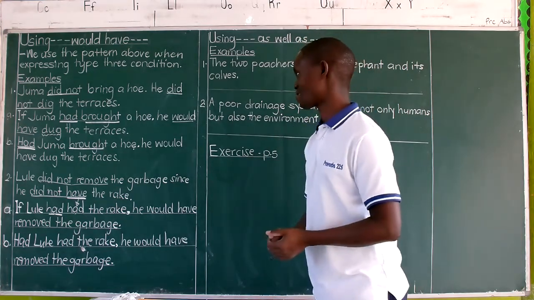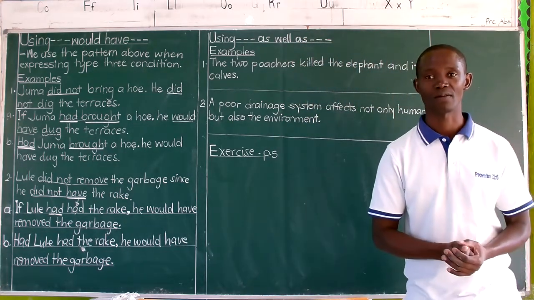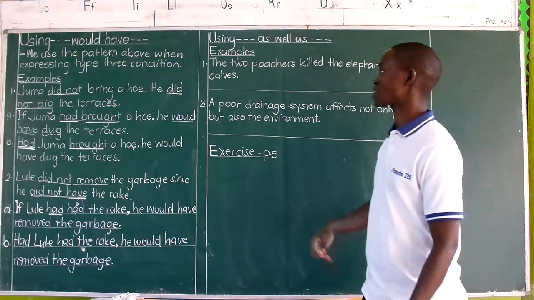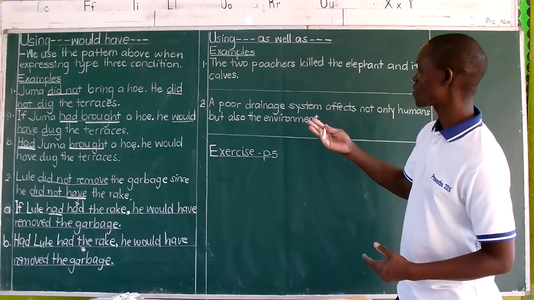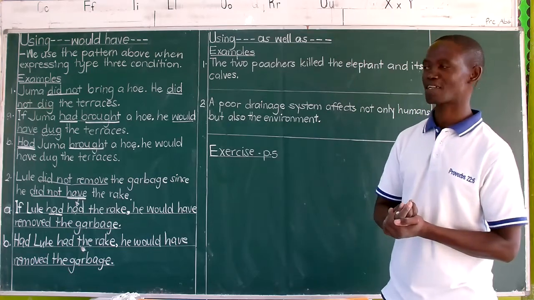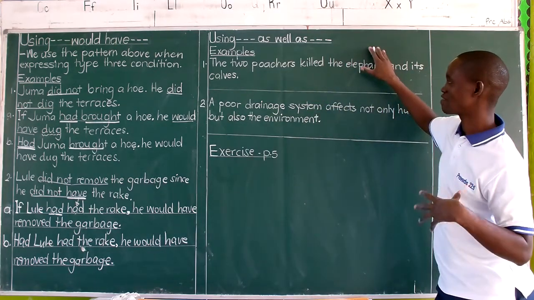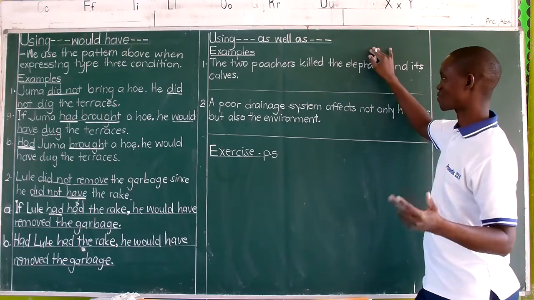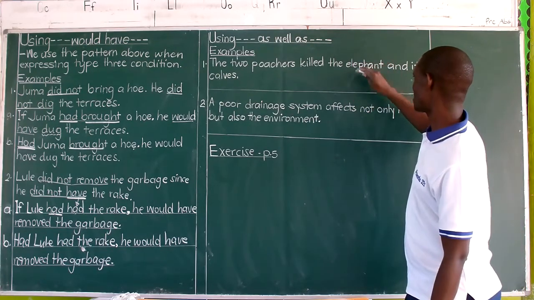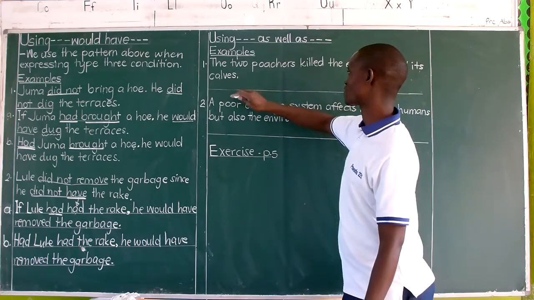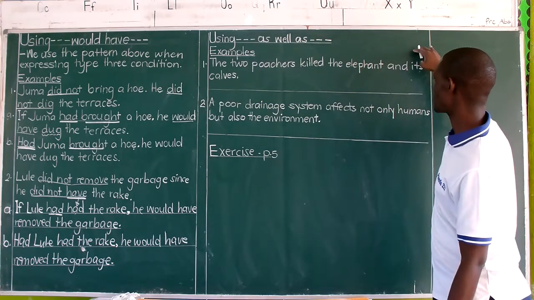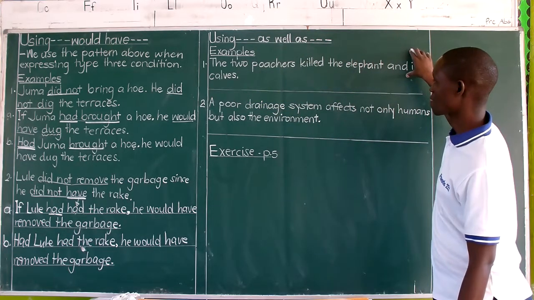A young cow is a calf. A young whale, W-H-A-L-E, is also a calf. And a female one is a cow in all those animals. A female buffalo, cow. A female elephant is a cow elephant. So be careful. Elephants give birth to calves. The two poachers killed the elephant and its calves.